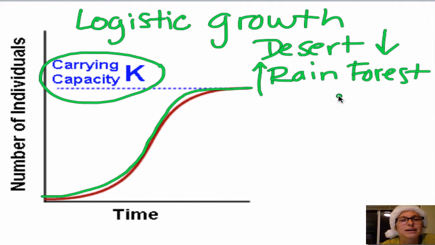It can support a lot of life because it has high rainfall and it gets a lot of energy from the sun because it's directly at the equator, which means that it can grow a lot more plants, which means that there can be a lot more animals that eat those plants, which means there can be a lot more animals that eat those animals that eat those plants. So the rainforest, biotically, has a much greater carrying capacity than the desert.